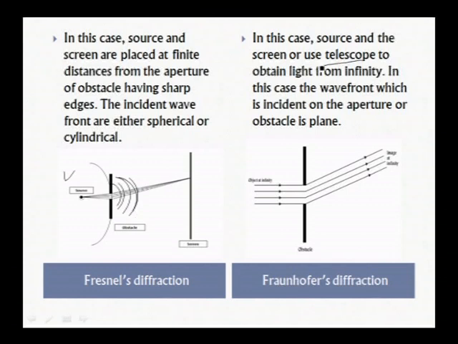You can focus the telescope to a faraway place, and the incident light falls on an obstacle. Parallel plane waves are coming and pass through, and again the image is formed at a very infinite distance. This we refer to as the Fraunhofer diffraction.